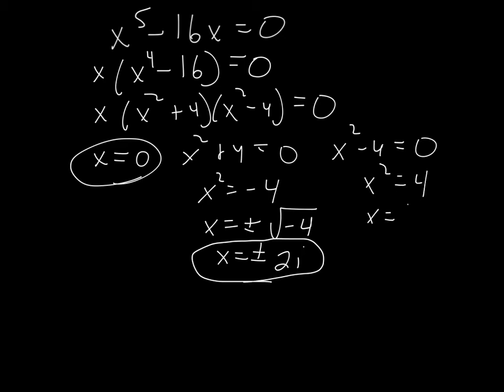You get x equals plus or minus square root of 4, but that's not i, that's just plus or minus 2. Fifth power equation. 1, 2, 3, 4, 5 answers. Some of them are imaginary, but we got 3 nice ones on this one. We got plus or minus 2 and 0. 3 regular old numbers.